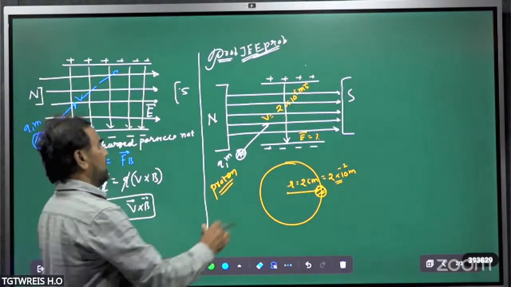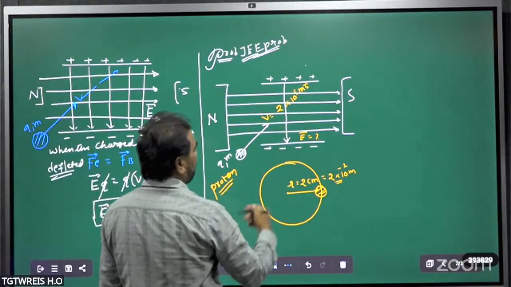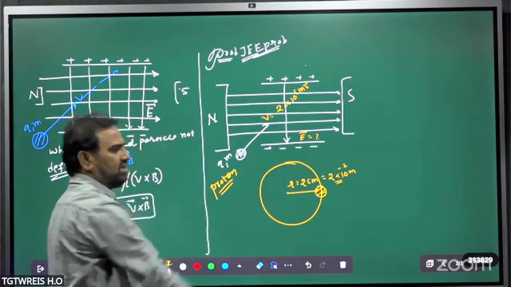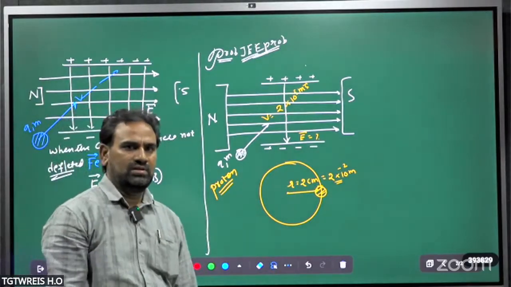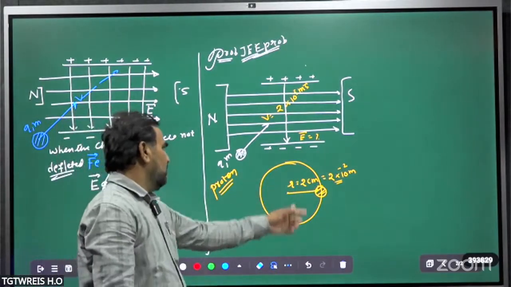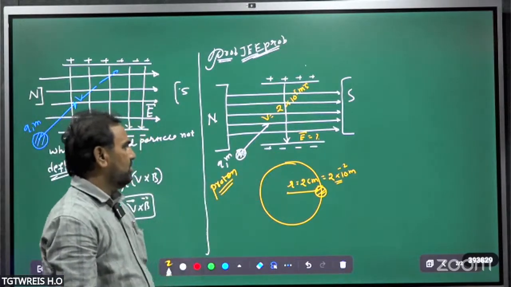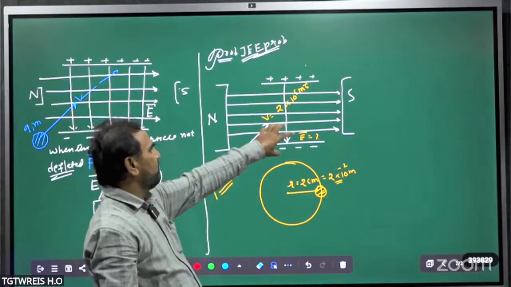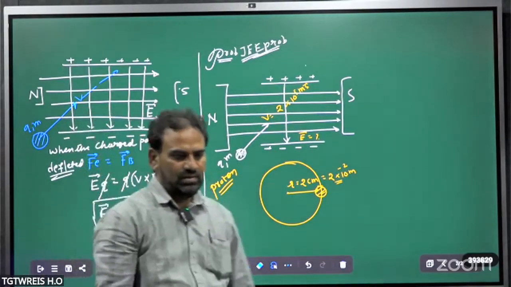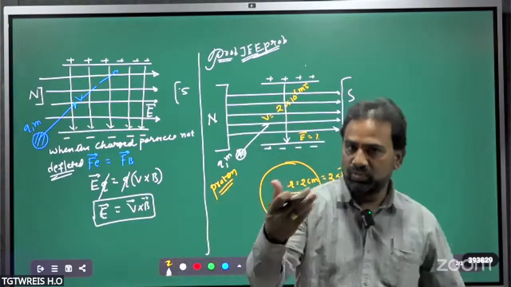When the electric field is switched off, the charged particle moves in a circular path of radius r equal to 2 centimeters, that is 2 into 10 to the power of minus 2 meters. Then find the magnitude of the electric field.